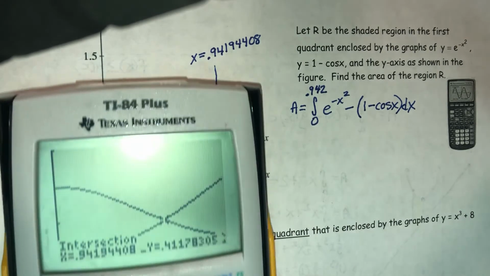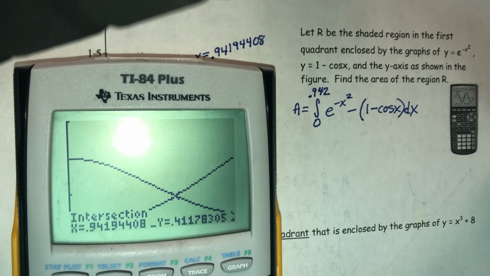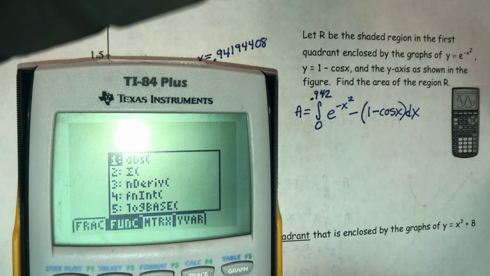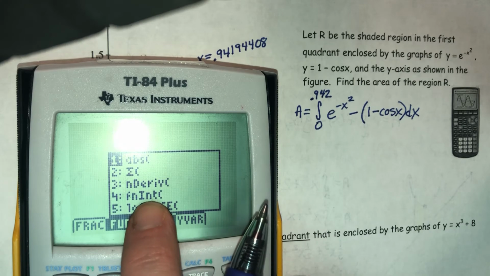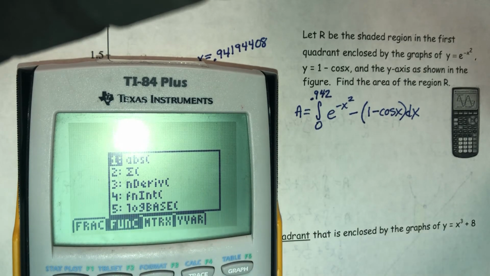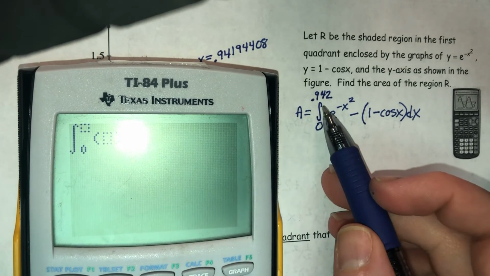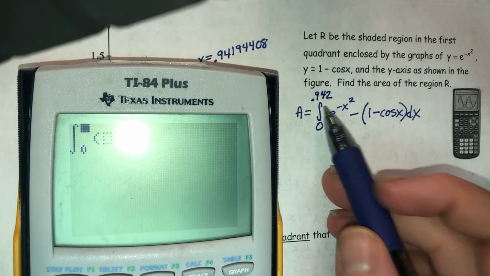So when I go to my calculator, I'm going to go back to my home screen, and I'm going to press alpha window, option 4, which is function integration, and my lower limit is 0, and guess what I'm going to type for my upper limit? Not 0.942, that would definitely be wrong.